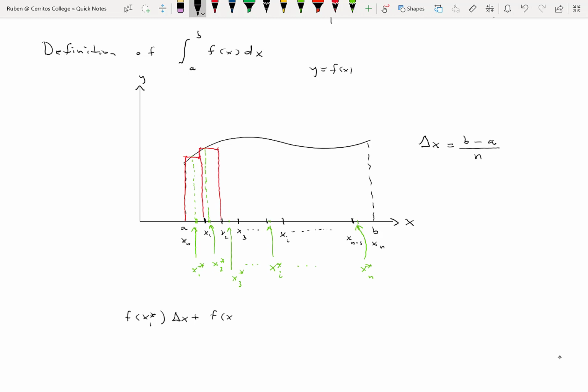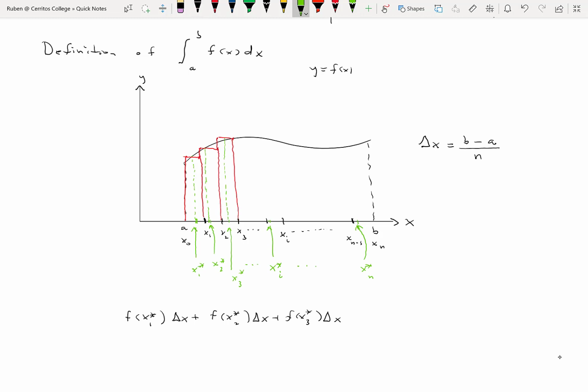The height is f of x sub 2 star, times the width delta x. I'll do one more here. At x sub 3 star, we go up to the curve. That height is f of x sub 3 star times the width delta x. That's the area of the third approximating rectangle.